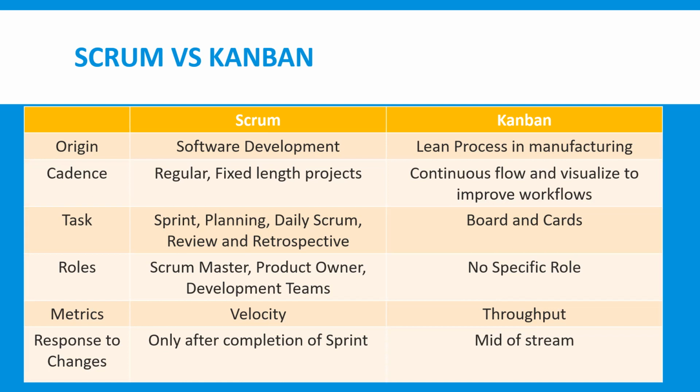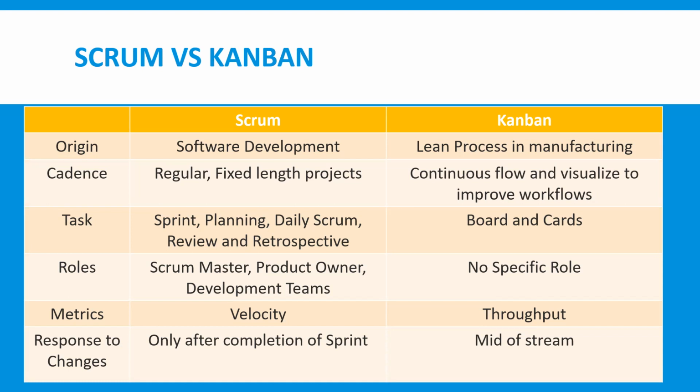We know the principle and main motto of lean is to keep wastage low or zero, right? So the manufacturing industry followed the lean process, and Scrum came from software development.